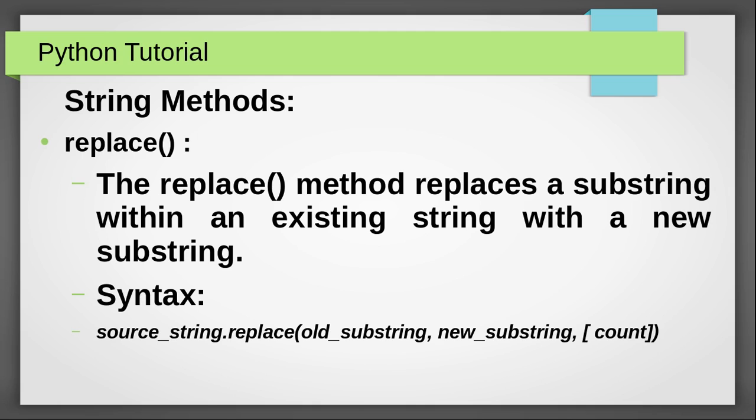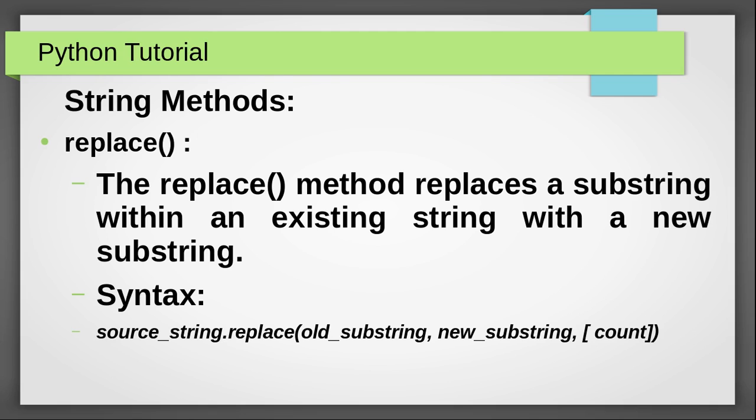The first one is replace. This method is used to replace a substring within an existing string with a new substring. If you want to change any particular substring in a string, we can go with this replace method.